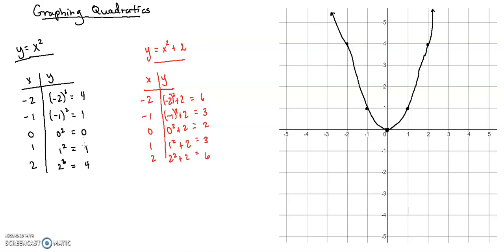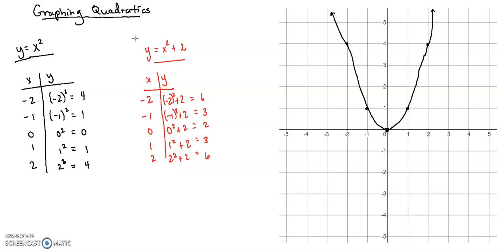If we compare them to our values over here, we plugged in all the same x values. And if you look at our y values, this first part right here, that's what we had in the first table, and then we just added 2 to all of them. So we had 4, 1, 0, 1, 4, and now we have 6, 3, 2, 3, 6. We added 2 to all of our y values.